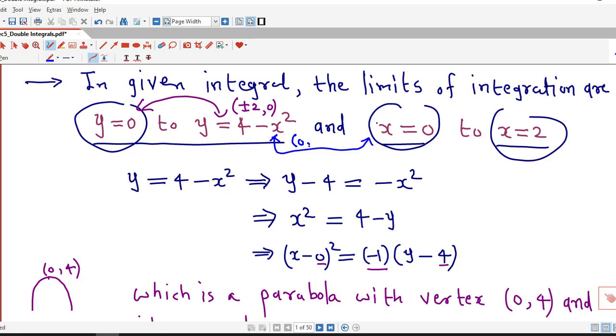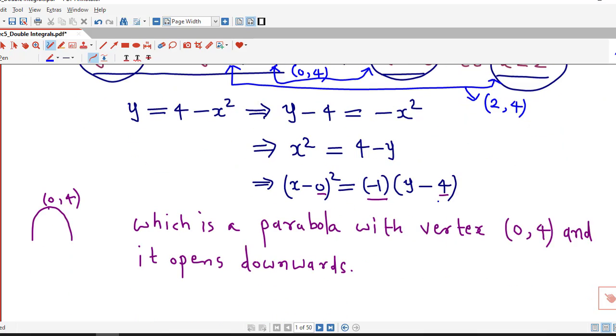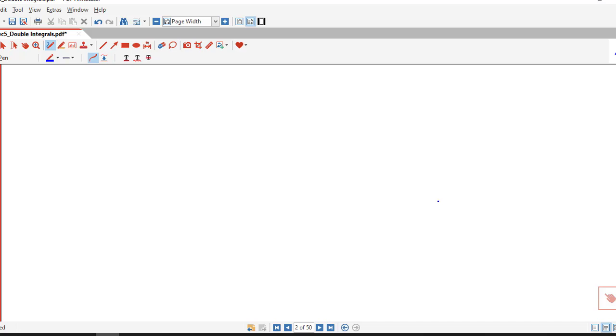So these two will intersect at ordered pair 0, 4. And if we put x equal to 2 in the parabola, we will have y equal to 0. So the parabola will intersect the line x equal to 2 at point 2 comma 0. With this information we can sketch the region of integration.